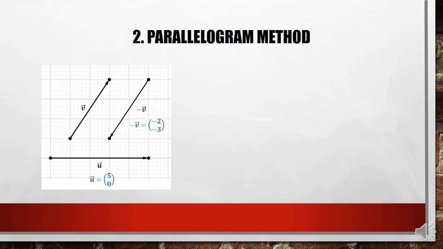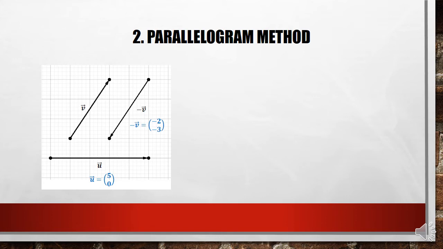Okay, the second method of vector subtraction, or the difference of two vectors, is parallelogram method. This one is similar with the sum of two vectors using this method. Like I said earlier, subtracting two vectors is the same as adding two vectors with a negative vector. So like this one.